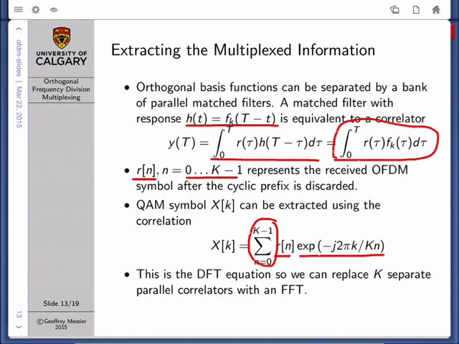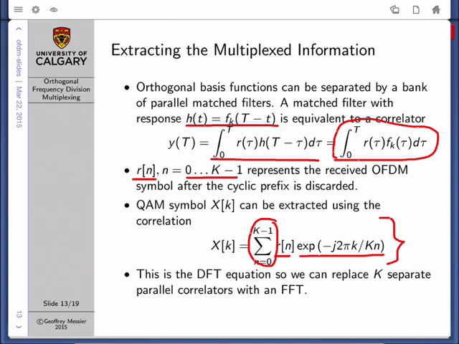So again, if this equation looks familiar, it should, because this is just the discrete Fourier transform equation. And so what happens then is that in the receiver, rather than having a bunch of parallel matched filters, we can just take the FFT of our received signal, and the result of our FFT is basically going to give us all of our extracted QAM symbols, just like if we were working with a parallel bank of matched filters.